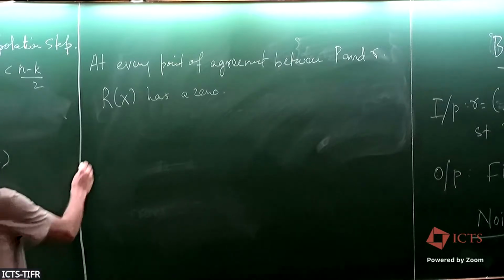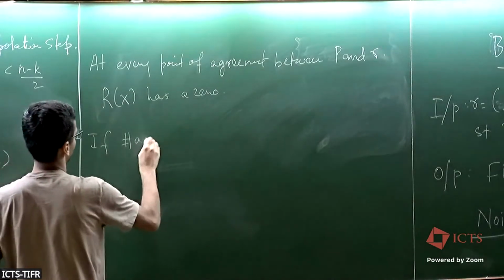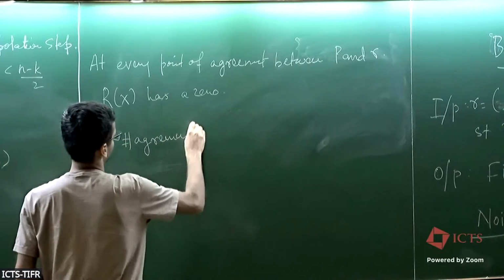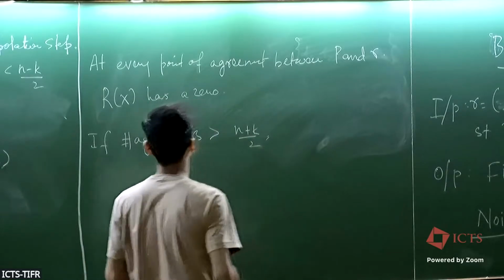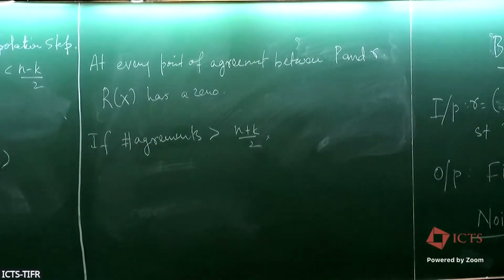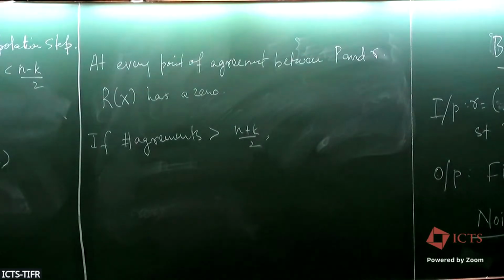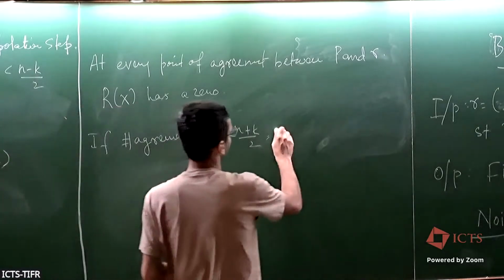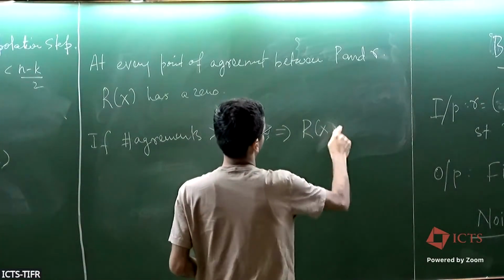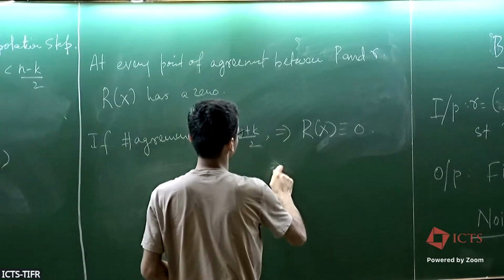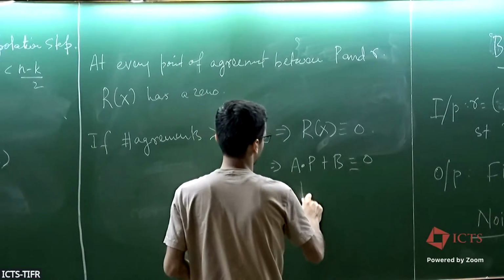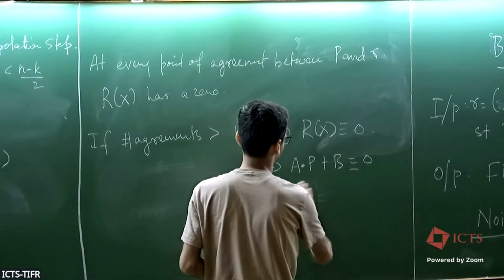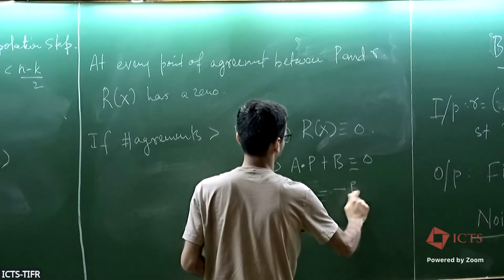So if the number of agreements is strictly greater than n plus k over 2, then what can we conclude? R is a polynomial of degree at most n plus k over 2, but it has more than n plus k over 2 roots. What does that mean? It means R is 0. So if the number of agreements is greater, this implies that R of X must be 0, which means that A times P plus B must be 0, which means that P must be equal to minus B over A.